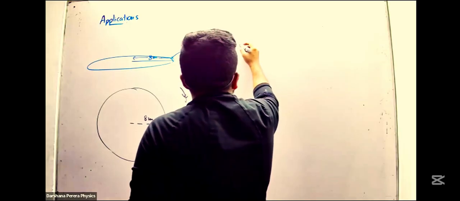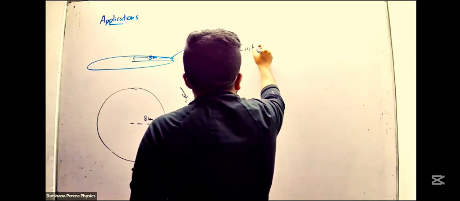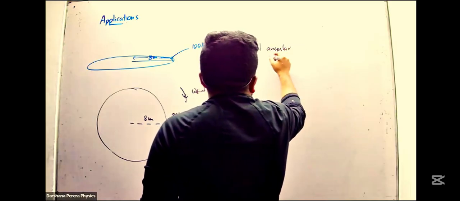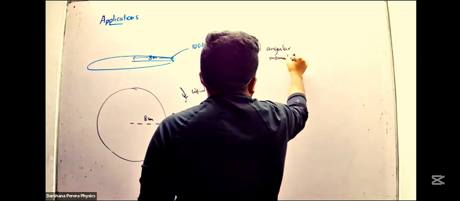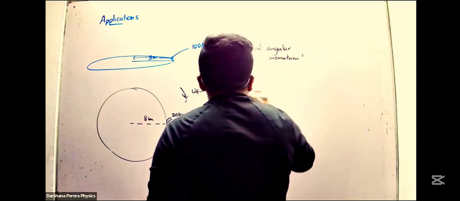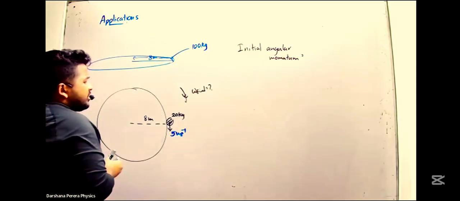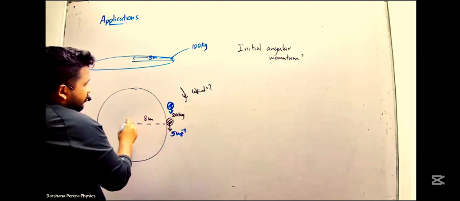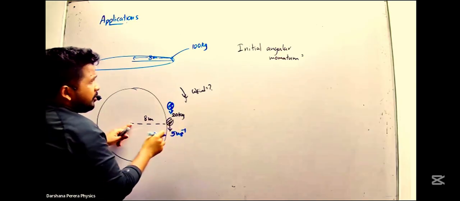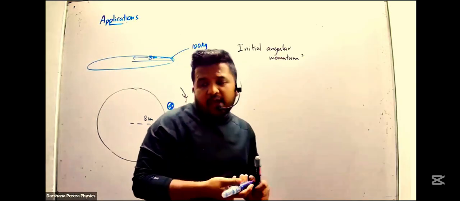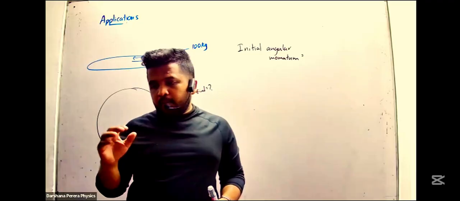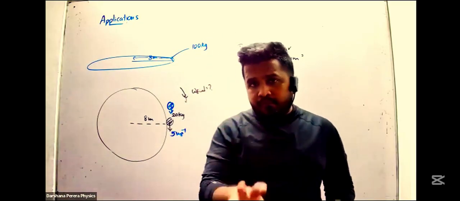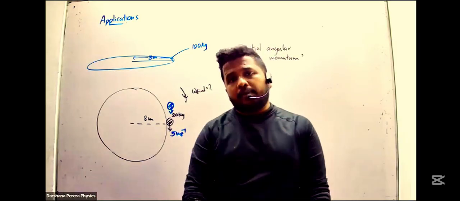Initially, we take the initial angular momentum. What is the initial angular momentum? The child is running from this end. The concept of angular momentum is the moment of the linear momentum.